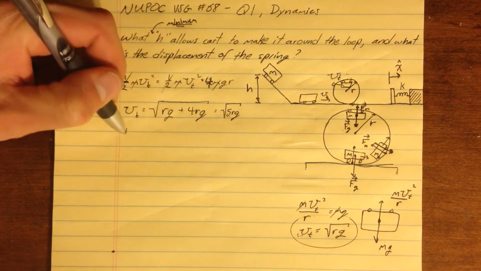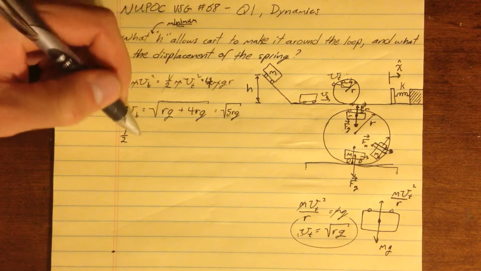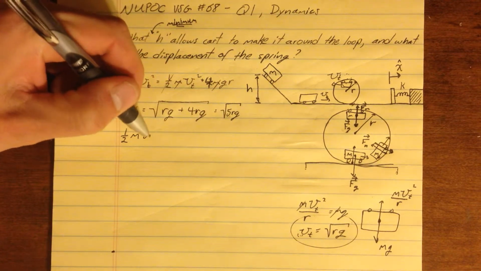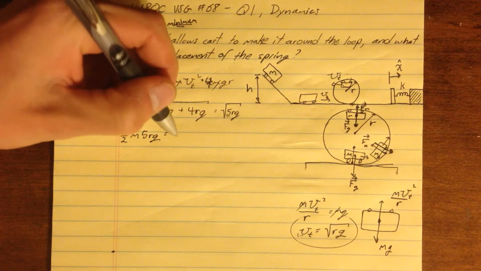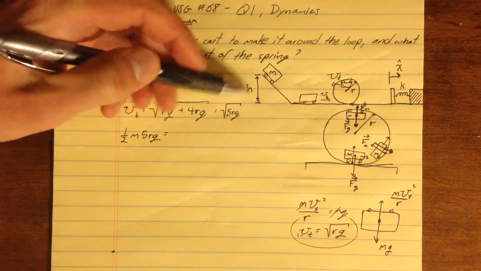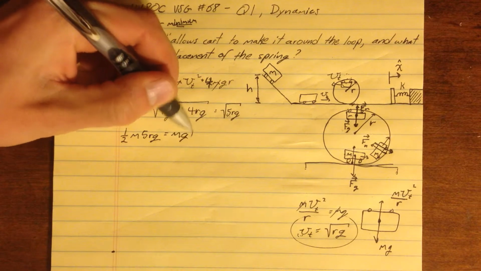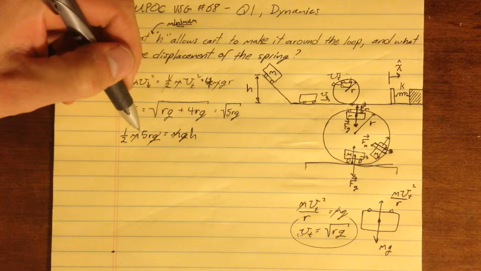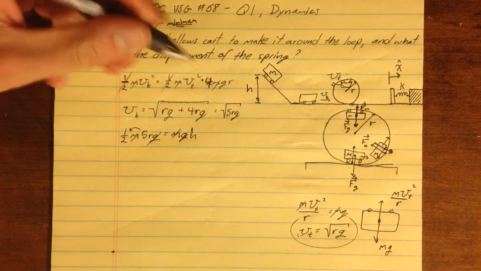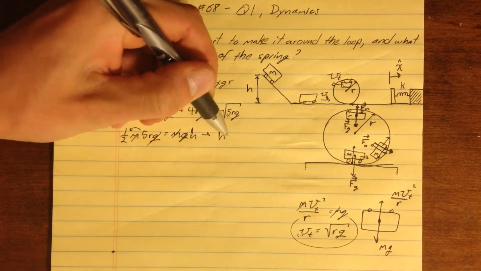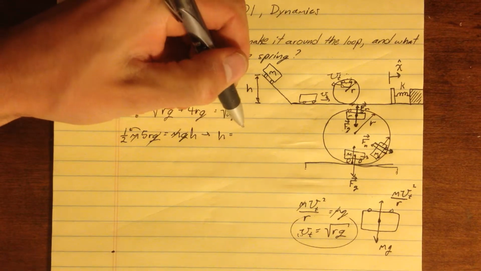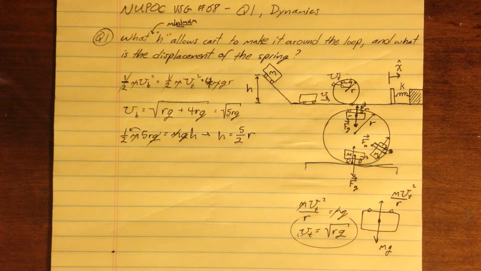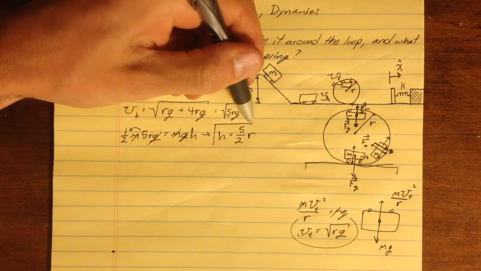So we can say that the kinetic energy at the bottom, 1/2 m v_B squared, or 5rg, equals mgh. Our m's cancel, our g's cancel. We can bring this 5 and put it on top of the 2 there. So what we have is h equals 5/2 r, or 2.5 times r.